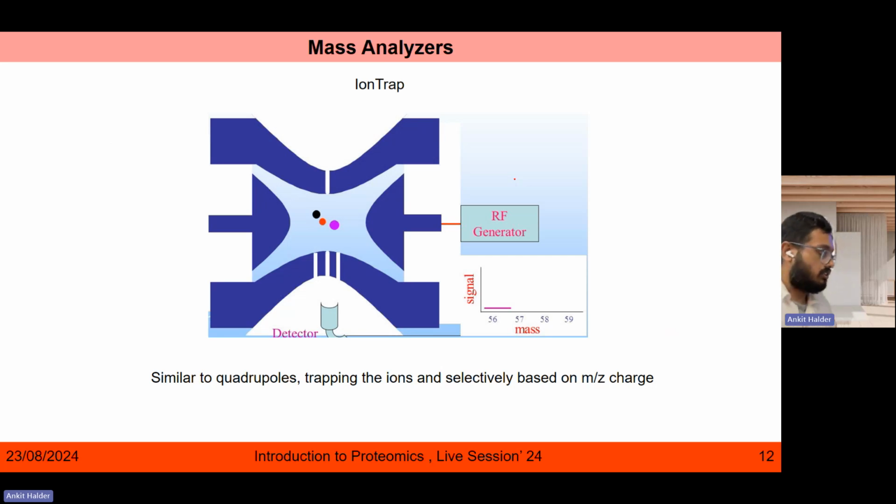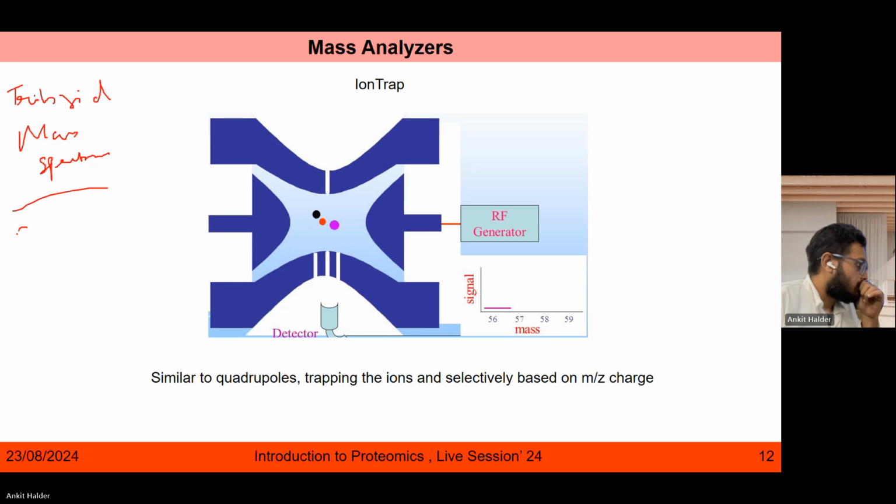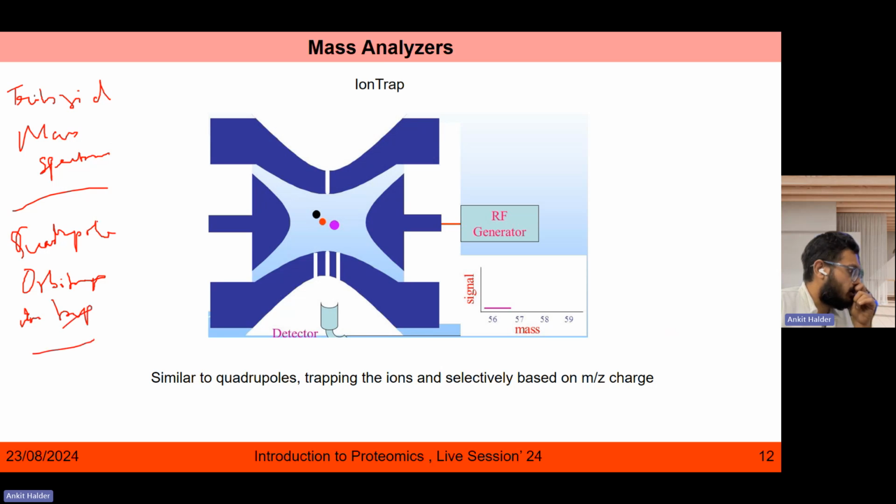Now for tribrid mass spectrometers, you can have configurations with a quadrupole, an orbitrap, and an ion trap in the same instrument, and you can use any two at a time for separation and detection.